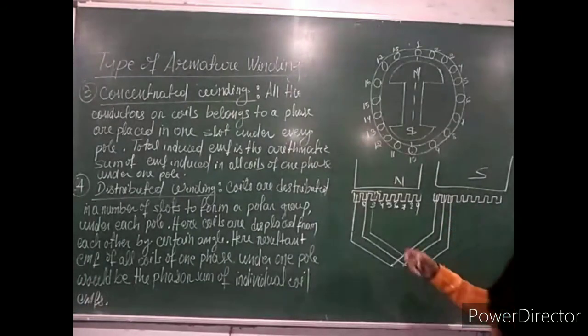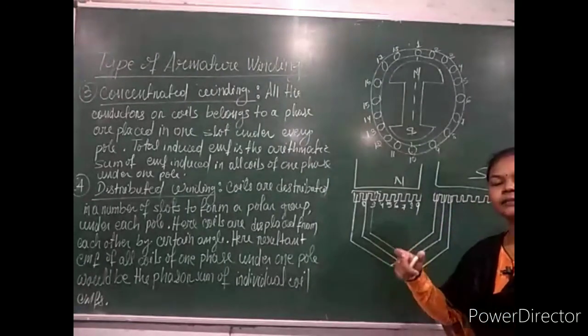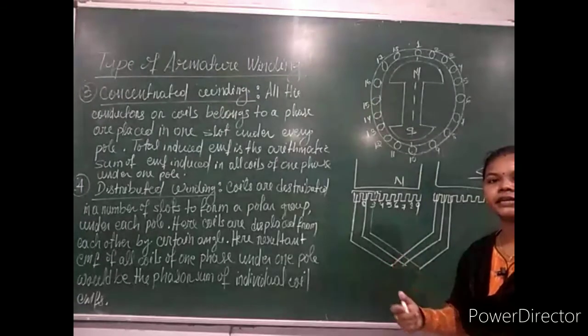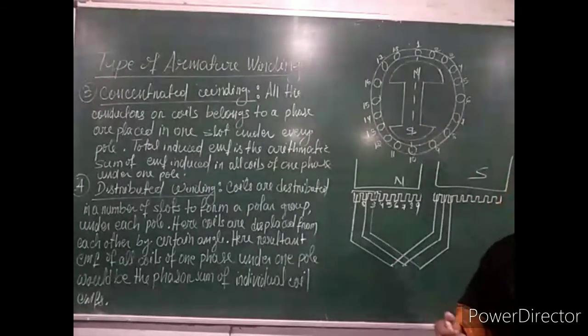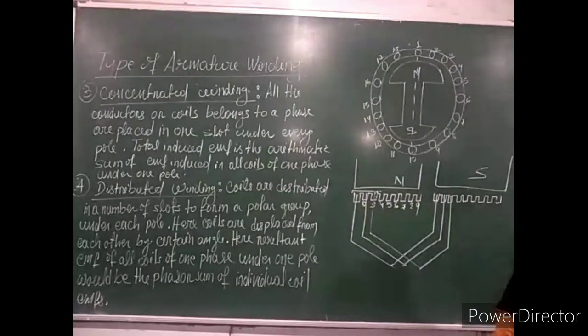So instead of taking the algebraic sum of EMF to get the resultant EMF, we take the vector sum or phasor sum. Clear? This is the main difference between concentrated winding and distributed winding.